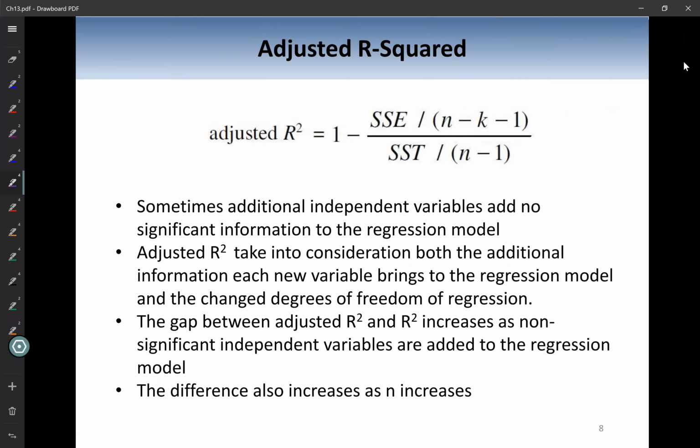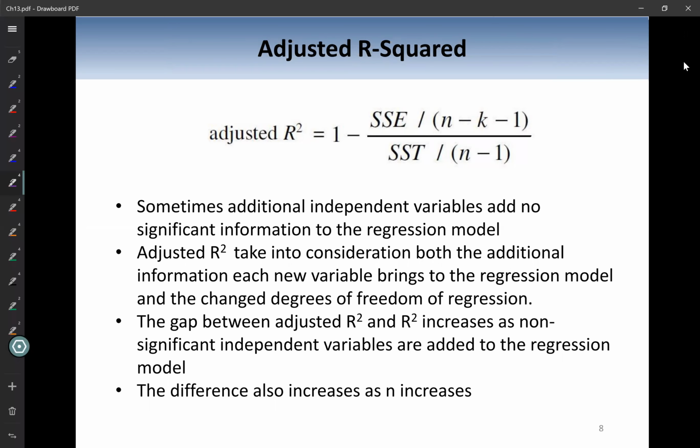The adjusted R squared takes into consideration both the additional information each new variable brings to the regression model and the changed degrees of freedom of regression. So that's 1 minus SSE divided by its degrees of freedom, divided by SST, the total sum of the squares for the variation, divided by n minus 1.